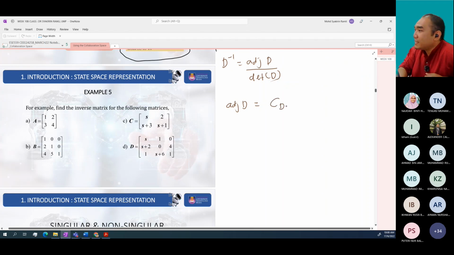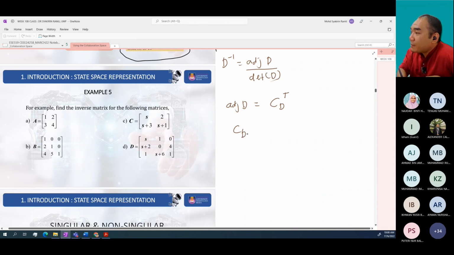Saya pakai CD boleh ke? Boleh. Cofactor tu C kan. So since we are working on the matrix D, let me denote the cofactor of the matrix D. The adjoint is C transpose D, to imply that this is the cofactor matrix of D transposed. Okay, and then we have to find CD.